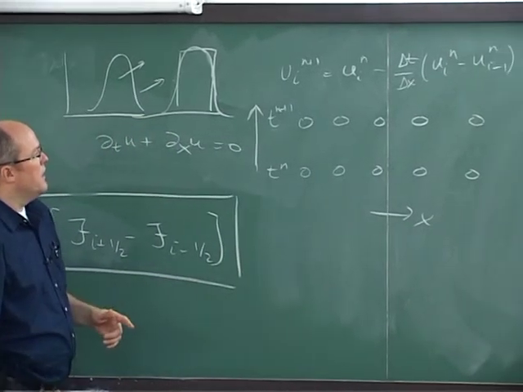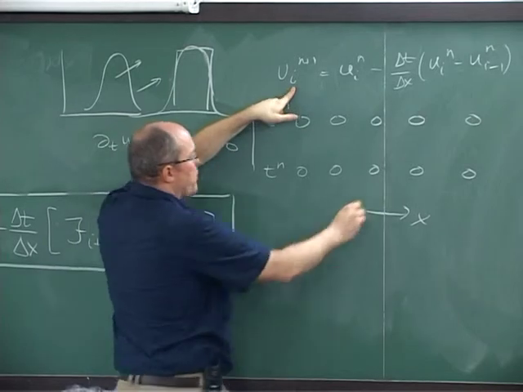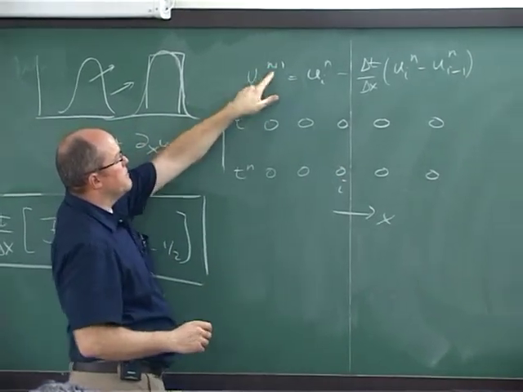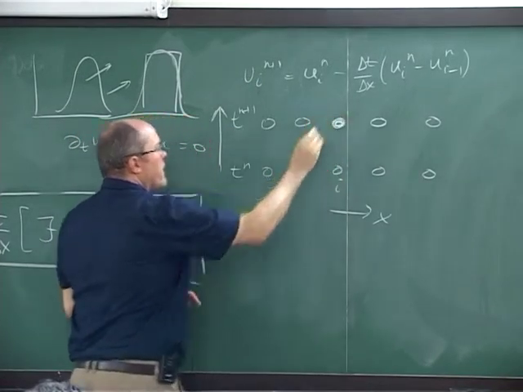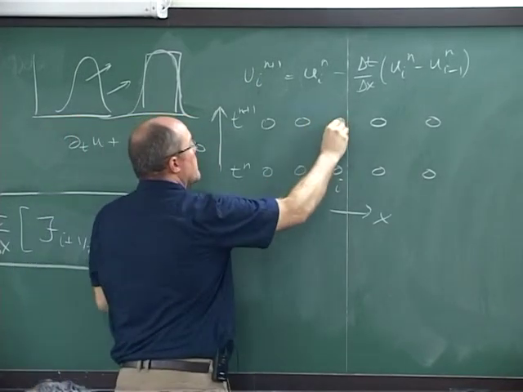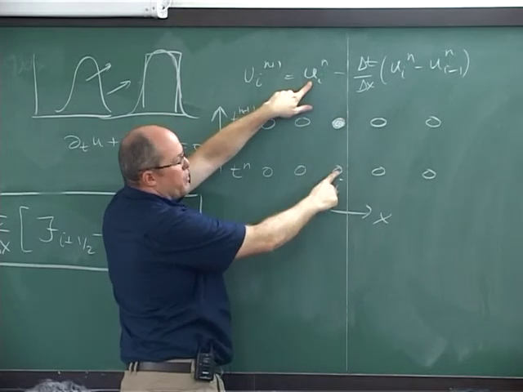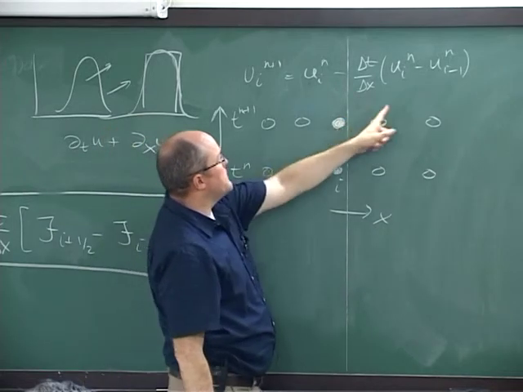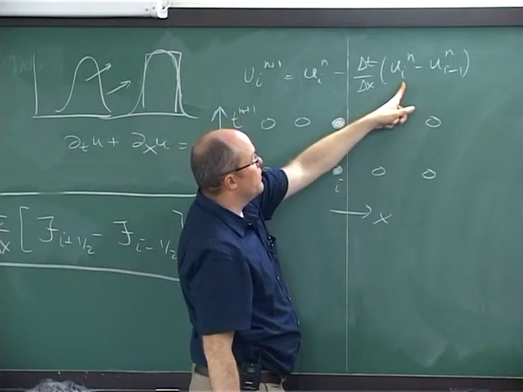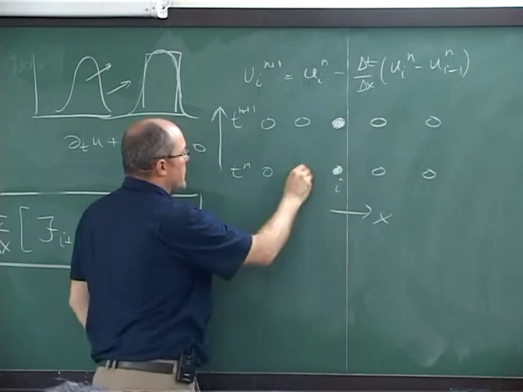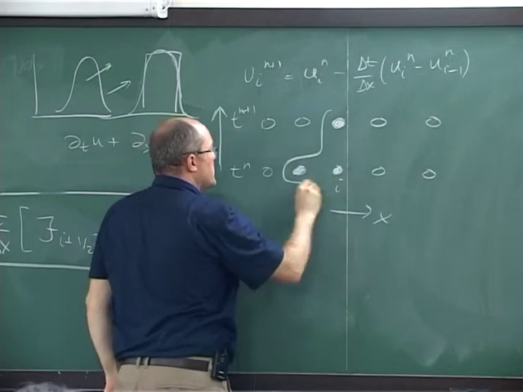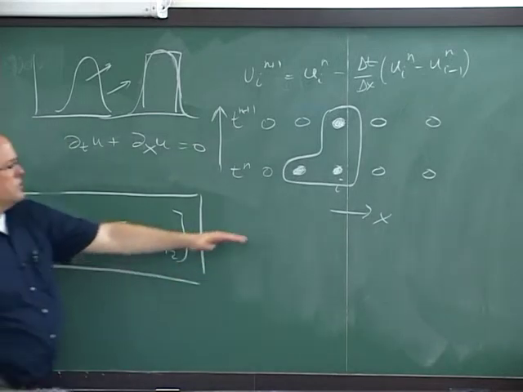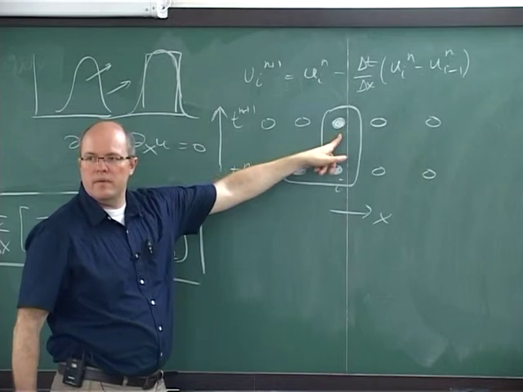If I look at this, and this is point i, say right here, the solution at point i at time n plus 1, so that's this point right here, is equal to the solution at the same point, but at the previous time, that's that point. And then I have some combination here where I'm using the same point, and then I'm using its neighbor to the left. So we call this the numerical stencil. Those are the 3 points that I need. Well, actually, it's these 2 points here that update the third one, right?